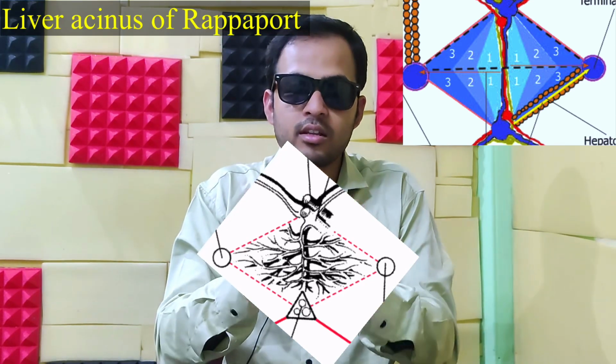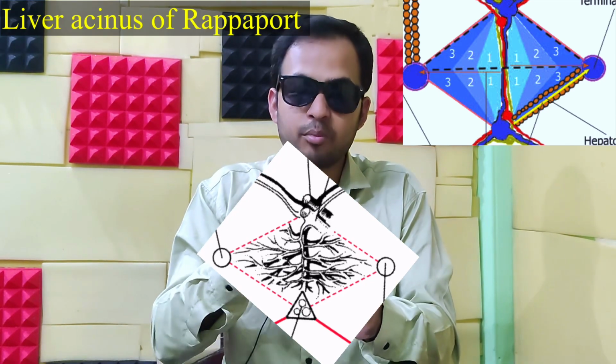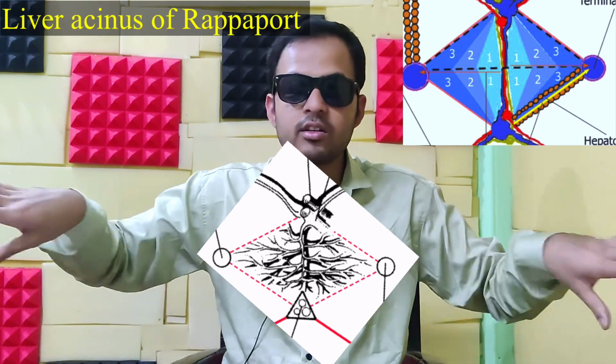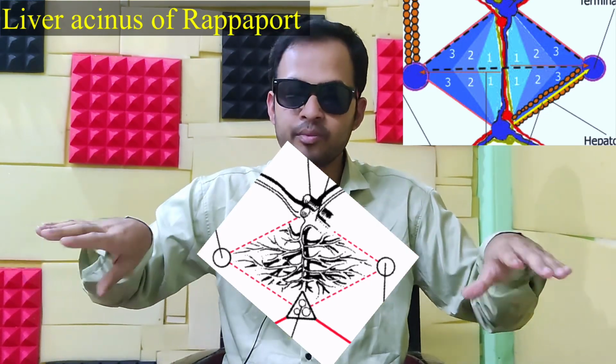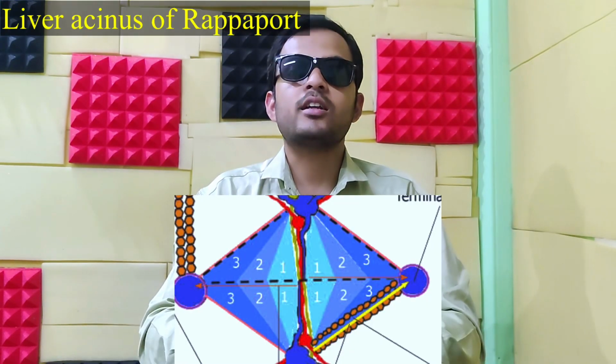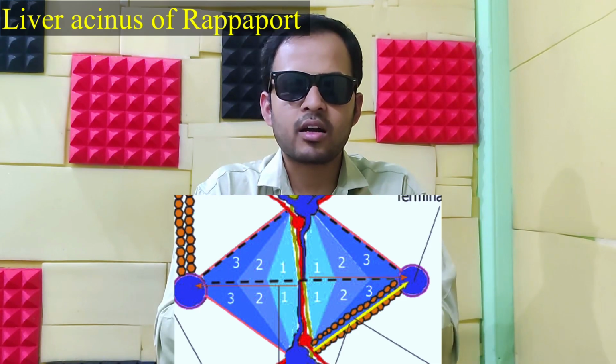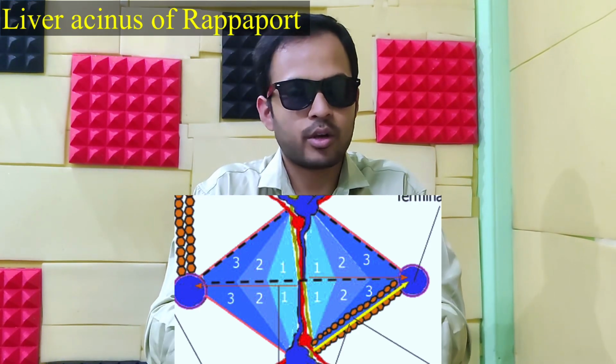Now common sense, the hepatic artery and the portal vein give branches to each wall of these hepatic lobules, and the nearest zone is getting the maximum amount of oxygen and nutrition because the hepatic artery and the portal veins are the nearest structures, okay.